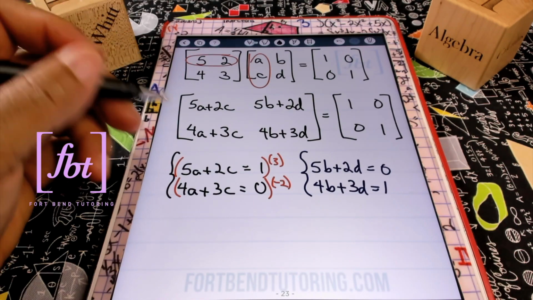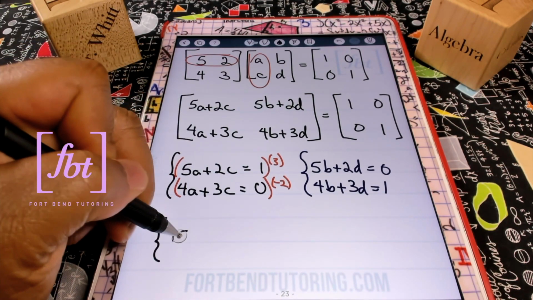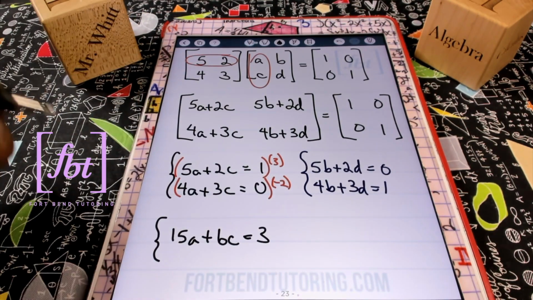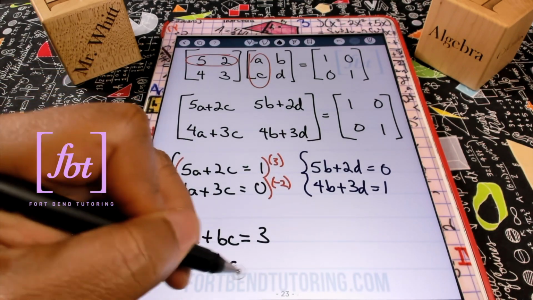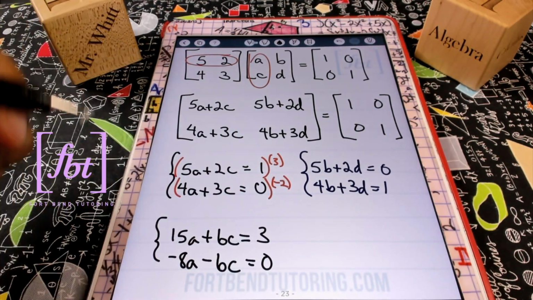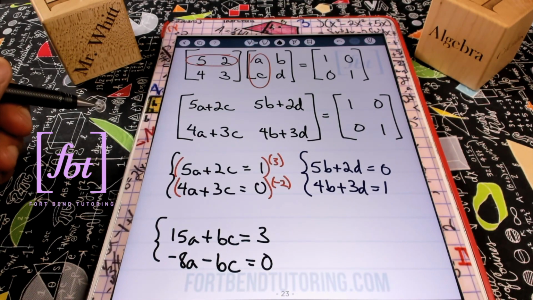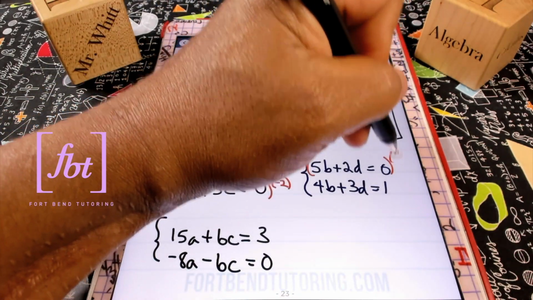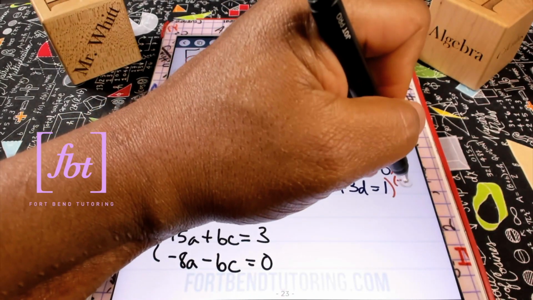Doing so allows me to rewrite this system as 15A plus 6C equals 3. In the second equation, I'll have -8A minus 6C equals 0. We'll do the same change in the second system, multiplying the first equation by 3 and the second equation by -2.